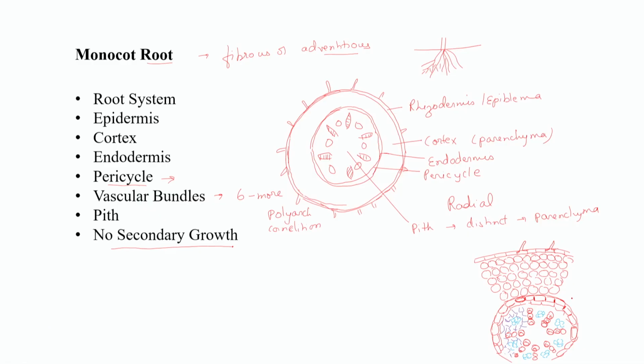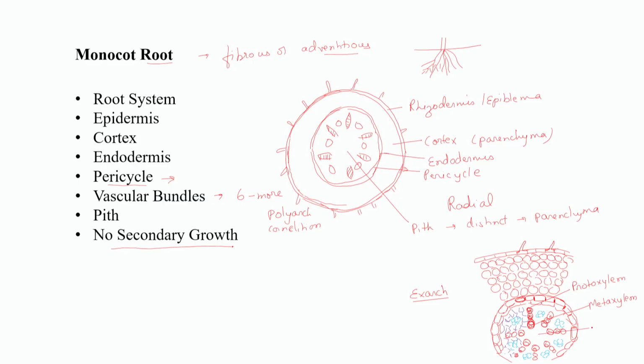So in this case also, you will see metaxylem will definitely be towards the center and protoxylem on the outer side. This type of arrangement is known as exarch, because protoxylem is all on the outer side towards the epidermis.